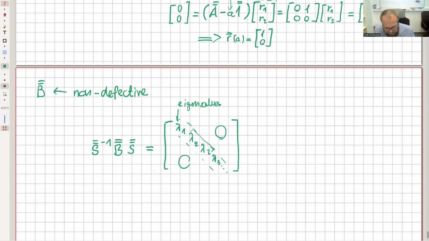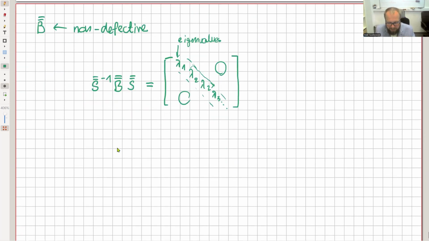And now, why is it important that you can diagonalize non-defective matrices? Because you can use this knowledge about eigenvectors and the deformed basis to calculate functions of B, like for example the dynamical map.